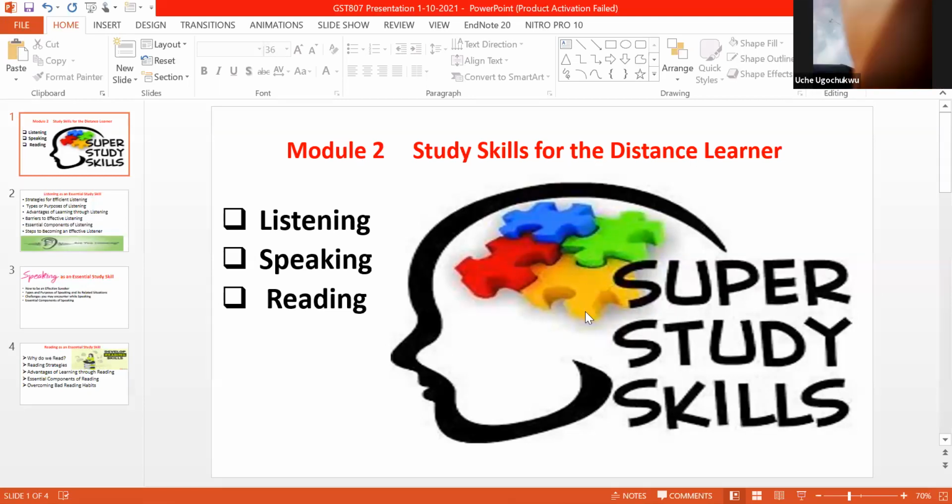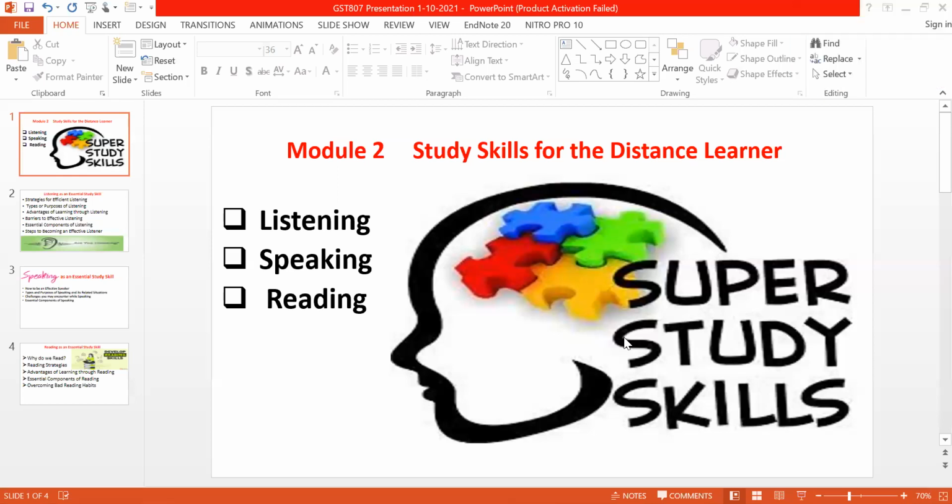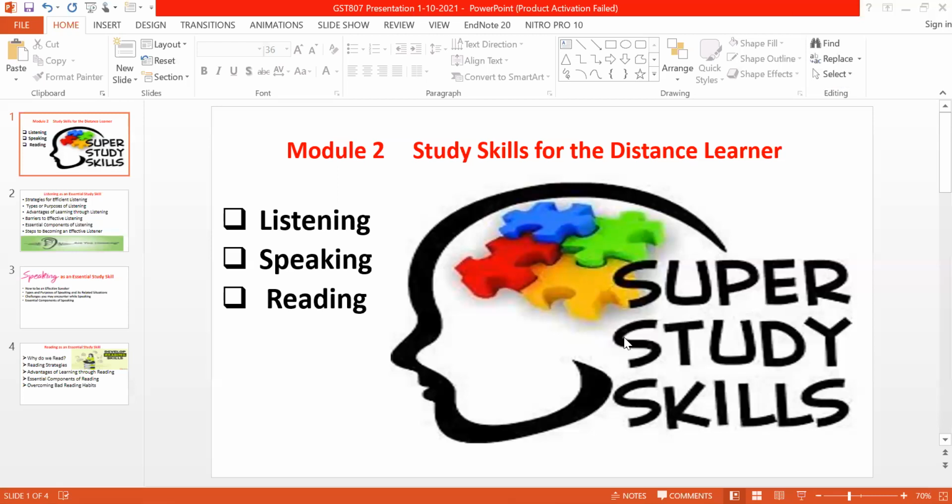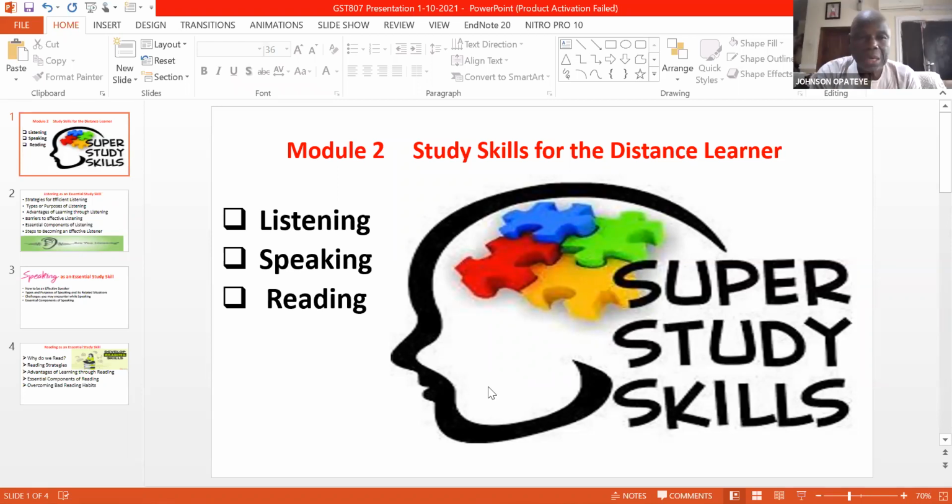So these are the three elements of study skills that we are looking at today. I told you to study Unit 1, Unit 2, and Unit 3. So that is our focus for today.